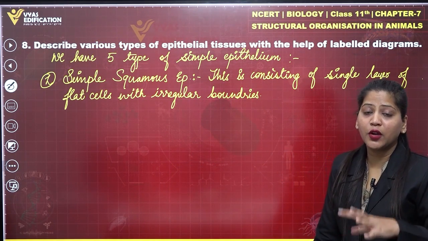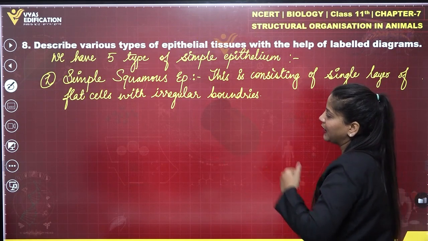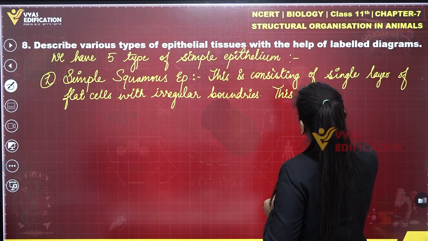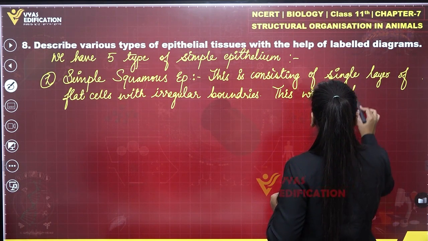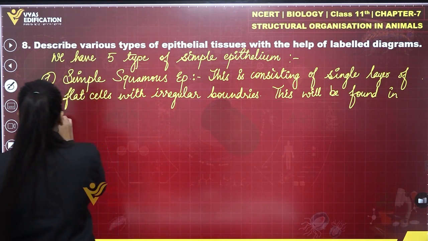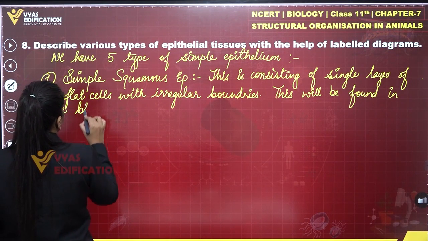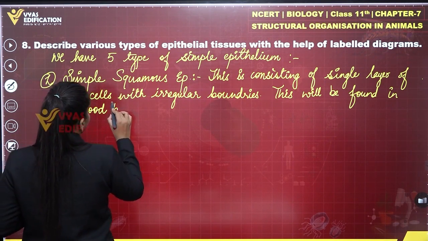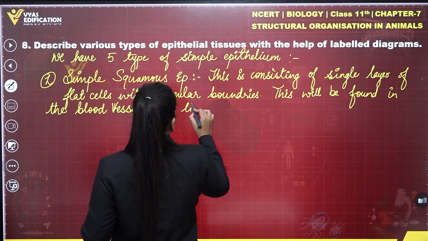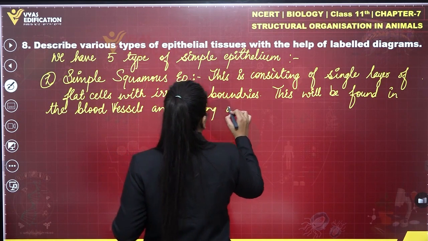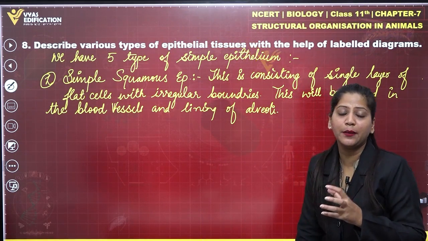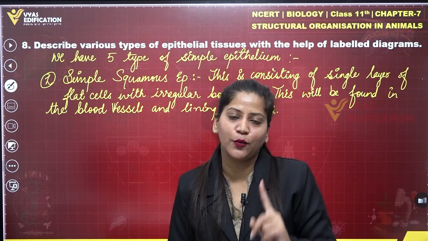Now, if we talk about the function or where you will find this simple squamous epithelium, then this will be found in the blood vessels and lining of alveoli. You will find this simple squamous epithelium in the lining of alveoli and in the blood vessels in your body.